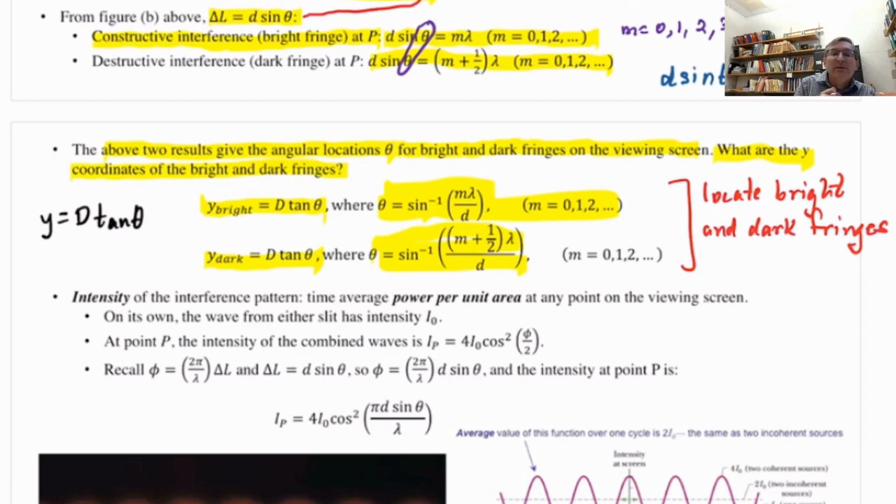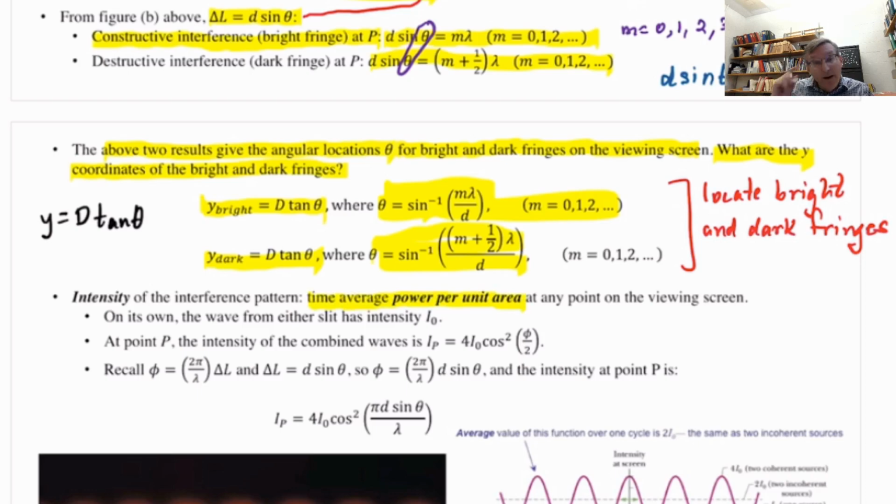Now, there's one other idea in this lecture that I want to talk about. One of the useful quantities when you are studying waves is what's called their intensity. And intensity, by definition, is the time average power per unit area. Power per unit area.